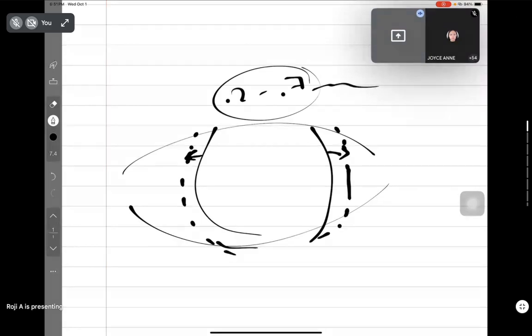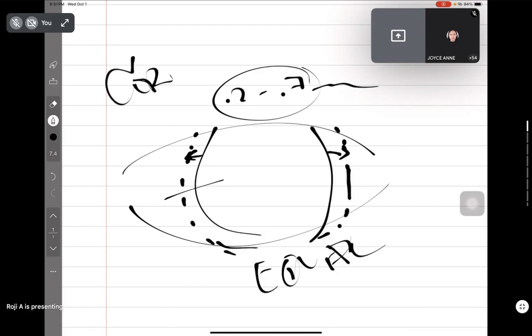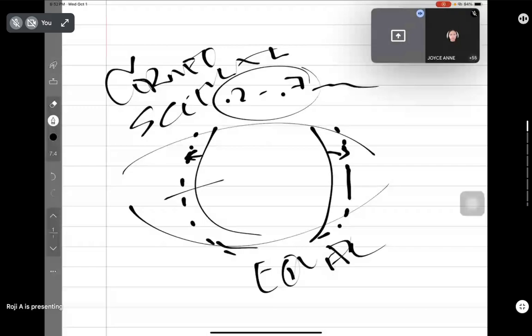Okay, and then ideally you want equal corneoscleral overlap. So there's a corneoscleral overlap.